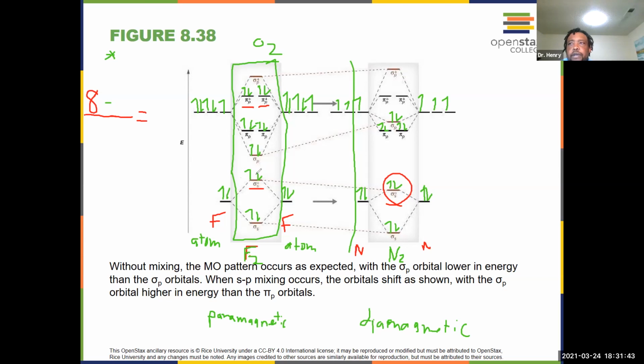So how many electrons have stars on them? 6. Okay, and we divide that by 2. So we have 8 minus 6 divided by 2, 1. Okay, so that means that there's going to be one bond between each of the fluorines. Okay, simple.